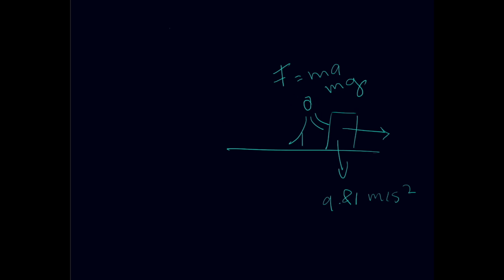As you're pushing like this, you will have a force vector and a motion vector. The force vector is the direction that you're pushing in and how much you're pushing, which is given by the force. And then the motion is just the direction of the box. So in this example here, they are perfectly aligned. The force vector is the same as the motion vector. So you're pushing in the same direction as the box is moving.